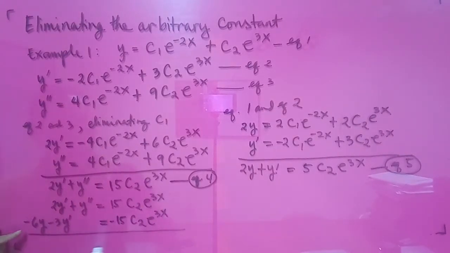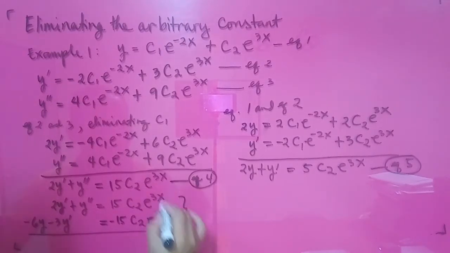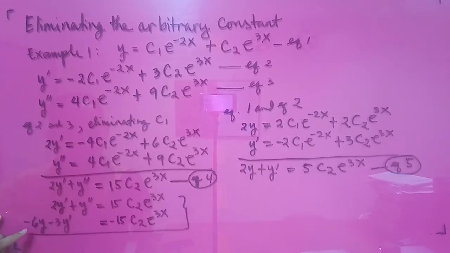When we add the two equations, that becomes negative 6y, and then negative y prime, plus y double prime, which is equivalent to 0.